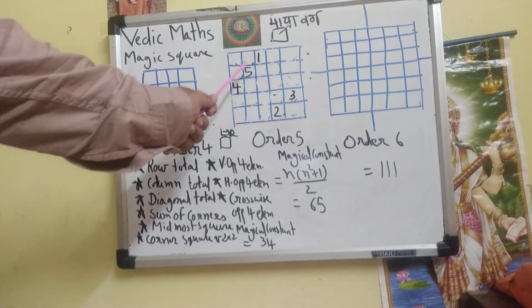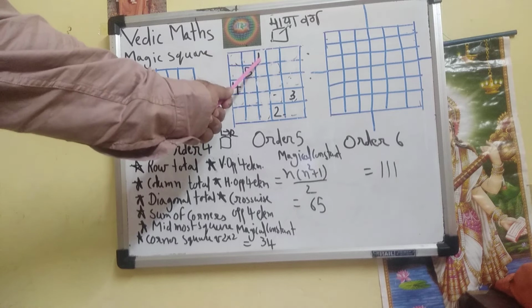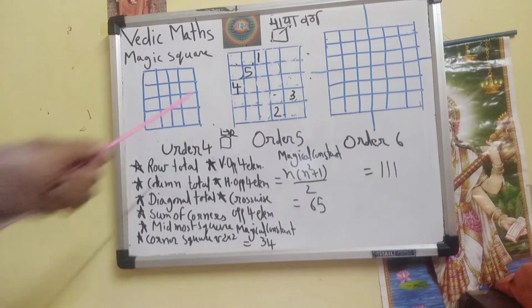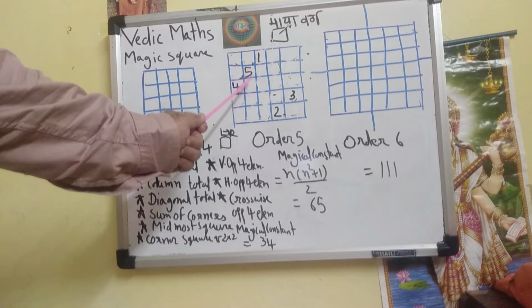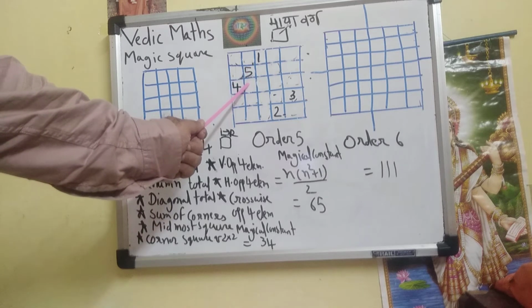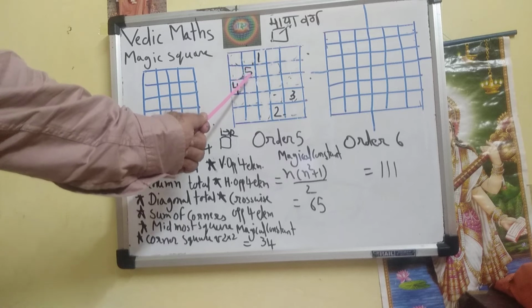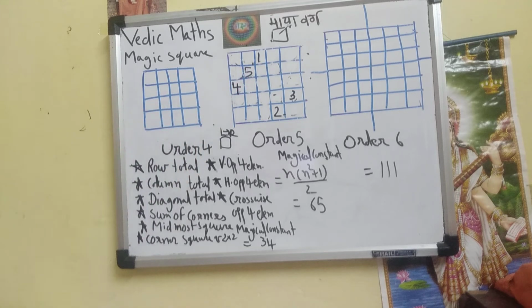But if we move again up and then right, we get an already filled cell, and whenever this case occurs, then move downwards, just the downward cell, and fill the next consecutive number here. After 5 we will fill 6 here, and then the same process will be repeated.